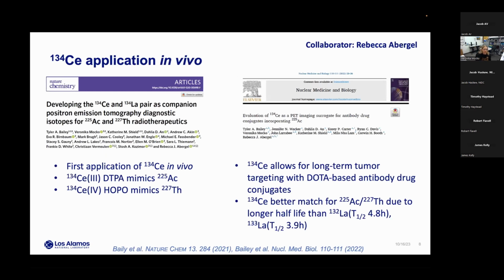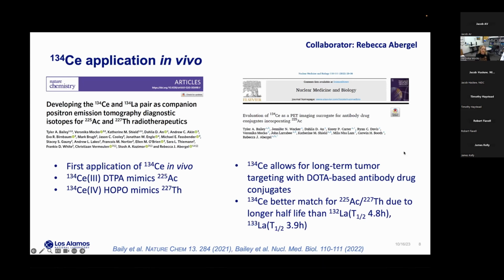Of course, I have to mention early studies on cerium-134. This was in collaboration with Rebecca Abergel from Lawrence Berkeley National Laboratory, UC Berkeley. With the early manuscript, which came out already 2 years ago, they applied cerium-134 successfully in vivo and showed that indeed cerium-3+ can mimic actinium-3+ with an appropriate chelating agent, and with an appropriate chelating agent, cerium-4+ can mimic thorium-4+, meaning thorium-227.